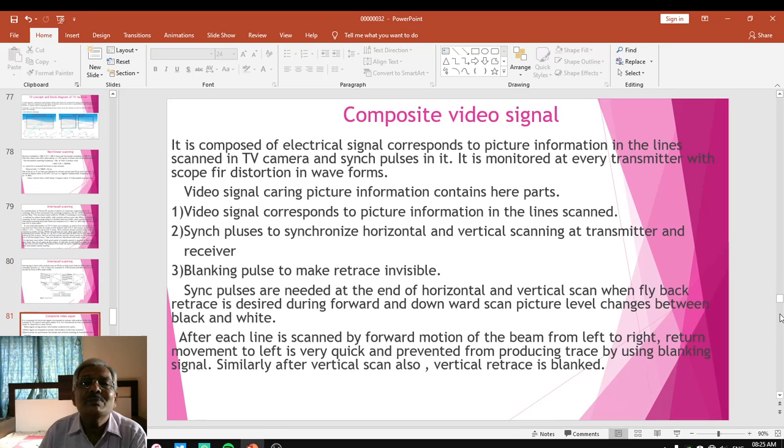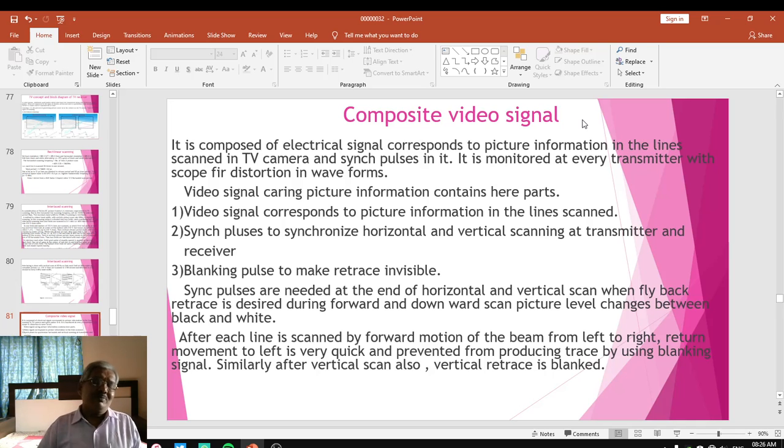Friends, let us proceed a little further to understand the meaning of composite video signal. As we have already studied, at the end of every horizontal trace period or at the beginning of every horizontal retrace period, and also at the end of every vertical trace period and at the beginning of every vertical retrace period, the screen should be blanked by applying sync pulses and blanking pulses at that particular position.